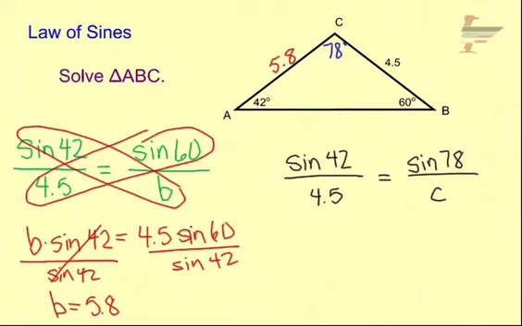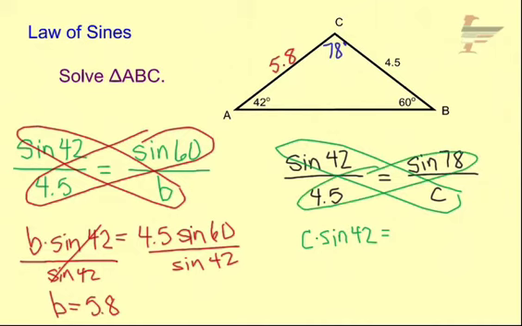Again, we're just cross multiplying, solving for side C. So we have C times the sine of 42 equals 4.5 times the sine of 78. Divide both sides by sine of 42 to get the C by itself.